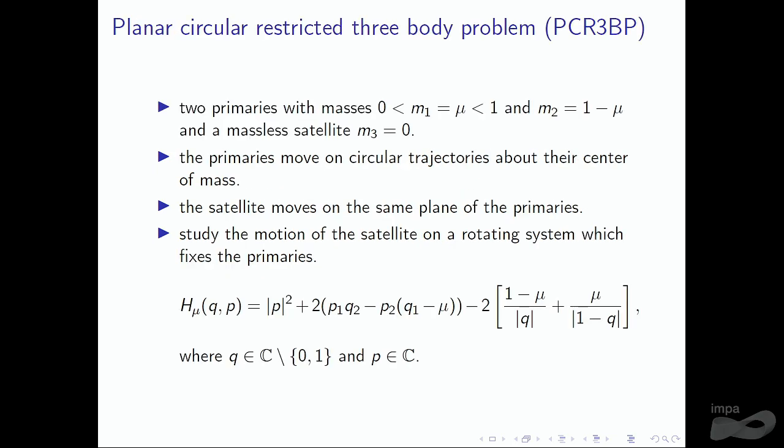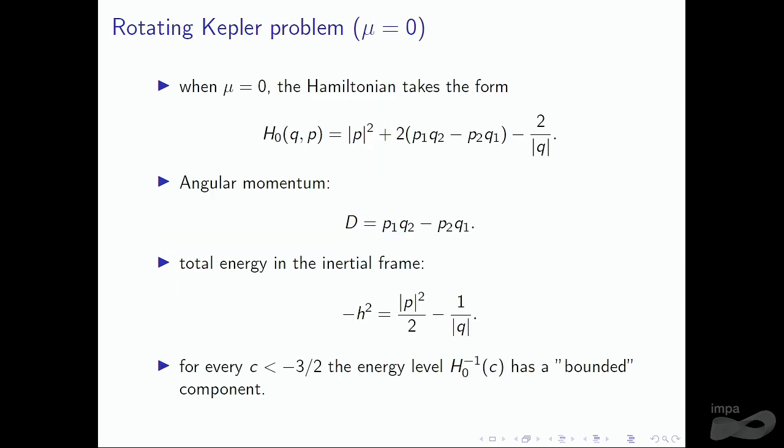If we take the previous Hamiltonian and make mu equal to 0, then we obtain this Hamiltonian here. And now, this Hamiltonian is much simpler to study than the previous one.